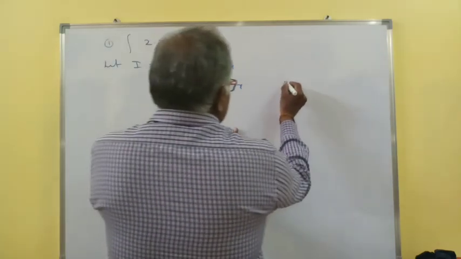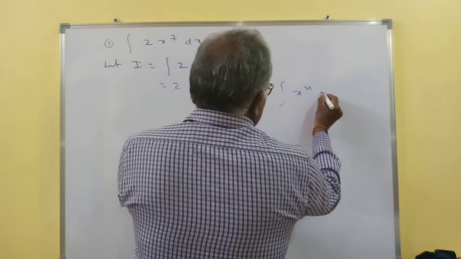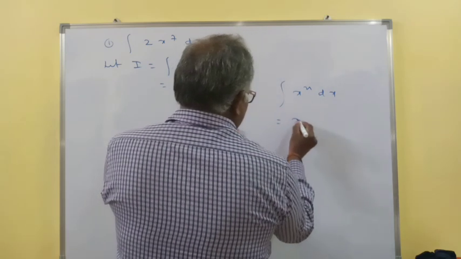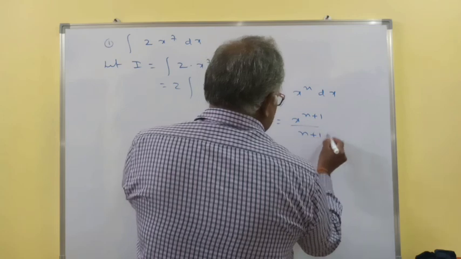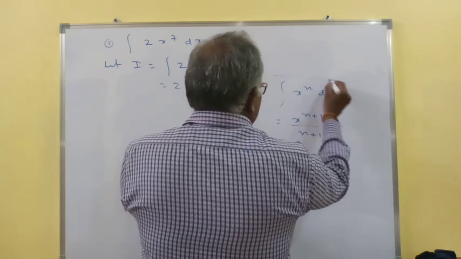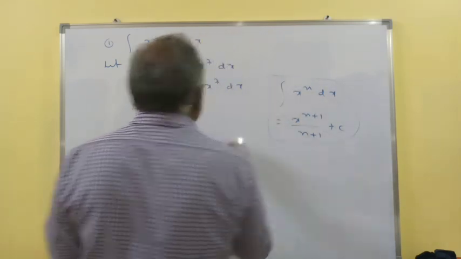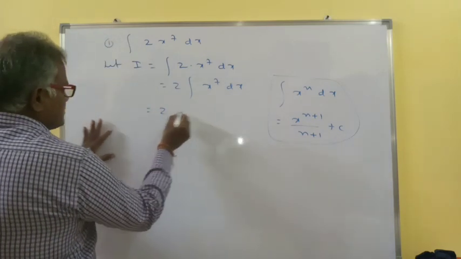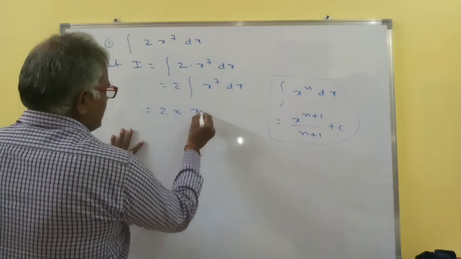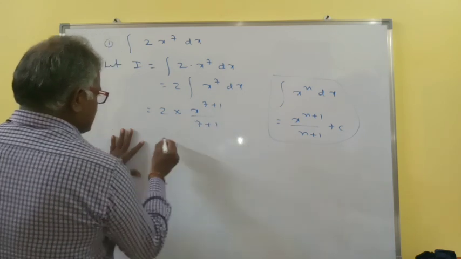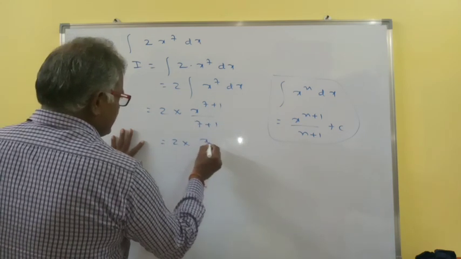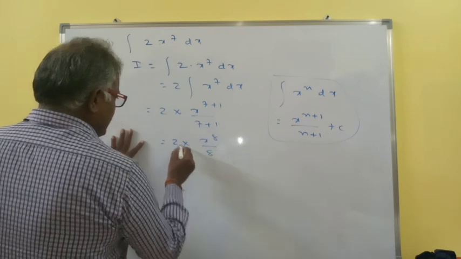So what is the formula for x power n? x power n plus 1 by n plus 1 plus c. Okay. So this is the formula for the x power n. So similarly here 2 into x power 7 plus 1 divided by 7 plus 1. That means 2 into x power 8 by 8.